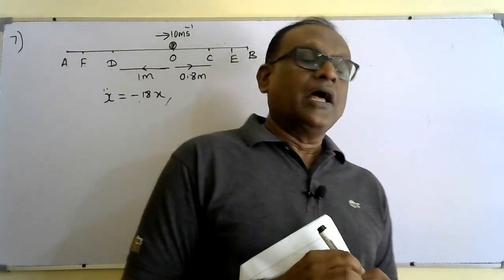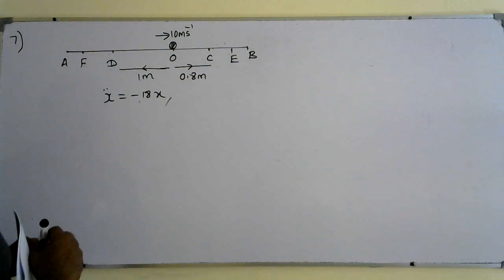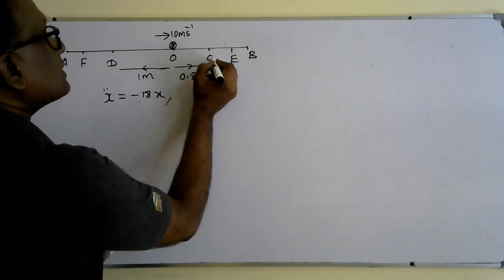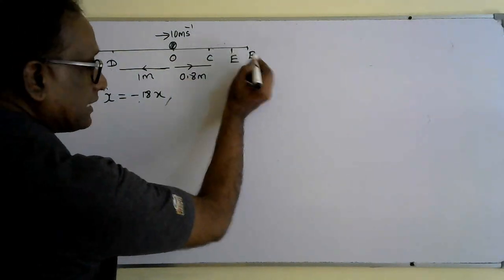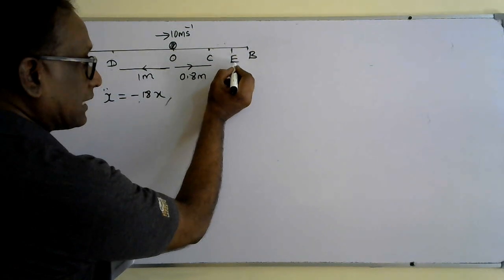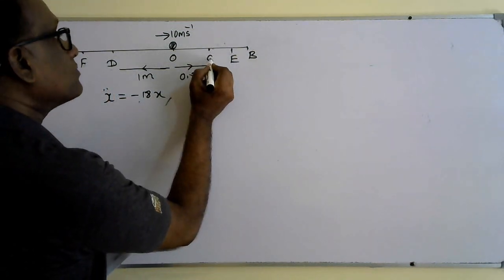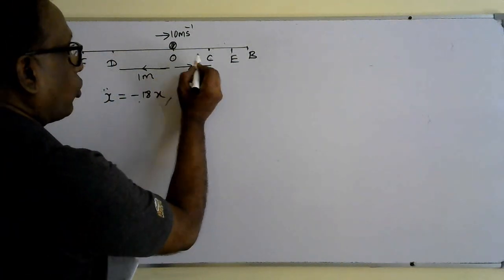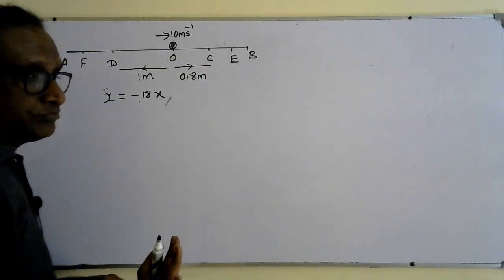Right. So we'll find the time to travel from O to C, then C to O. If it is moving beyond C, we will just ignore it. It might go to E, we don't consider. E to C, we don't consider. Then when it comes from C to O, yes, we will consider that time. But you must know the time taken to travel from O to C and C to O are the same.